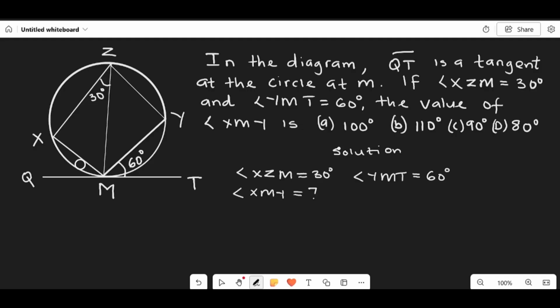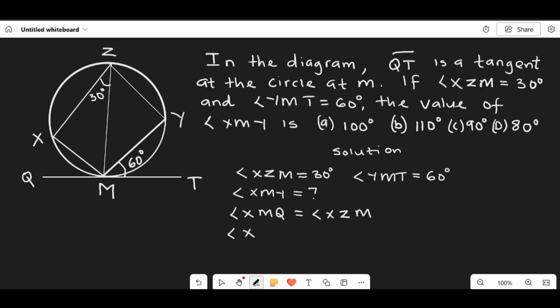That means the angle between XM and QT, which is this angle, is equal to the angle in the alternate segment, which is 30 degrees. So we can say our angle XMQ equal to angle XZM.